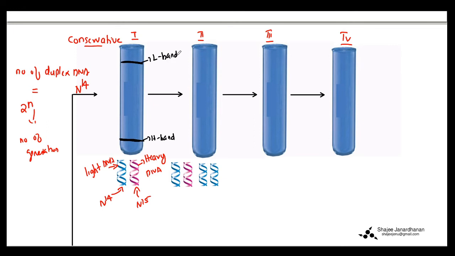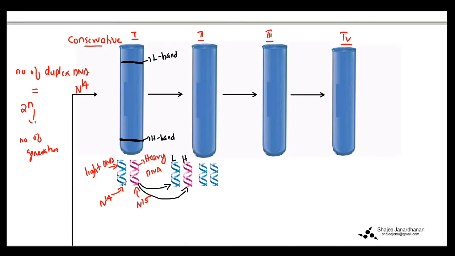Coming to the second generation, what you find is that it is these two daughter duplexes that replicate into the second generation. When this heavy DNA replicates, you will have two daughter duplexes, and one will be the heavy one and the other will be the light, because the new nascent DNA always incorporates the lighter isotope.